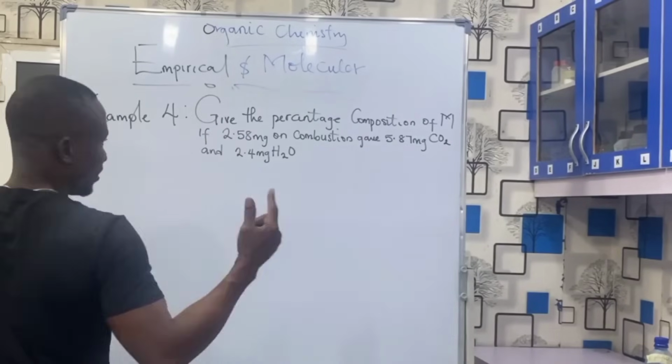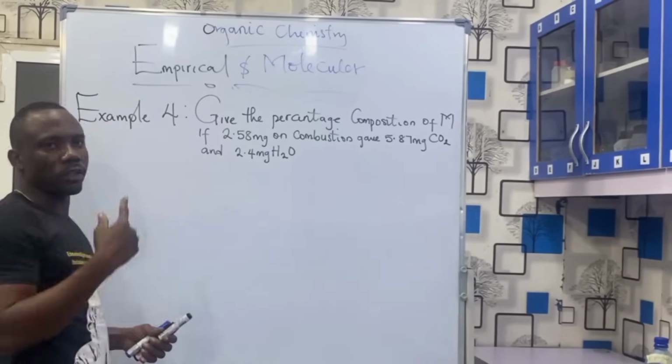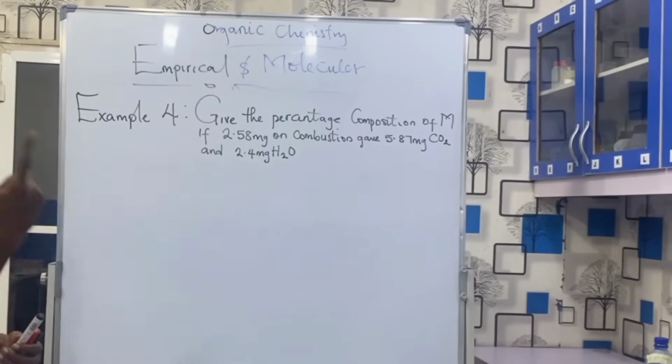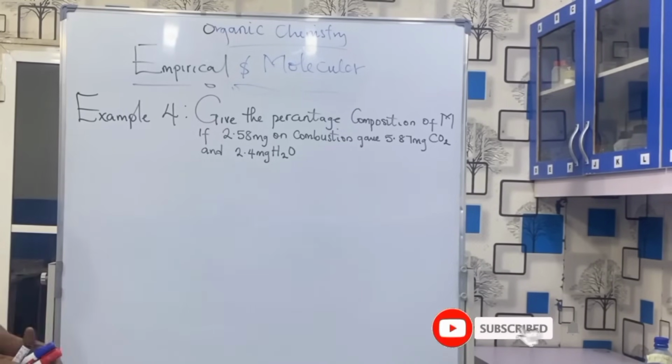And of course, that will give us the relative atomic mass of the element in question, all over the relative molecular mass of the compound itself, times the weight of the compound in question.